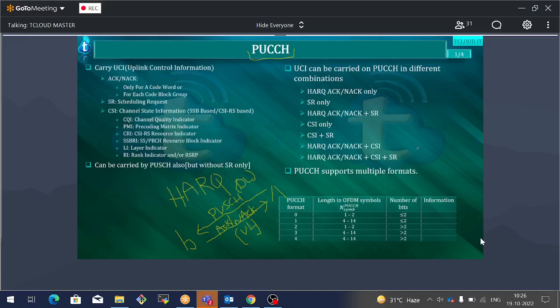But what about the uplink scenario? Mobile equipment, and we have the gNodeB. Mobile transmits data on the channel called PUSCH, the one that we have just now studied. So the transport block received from the higher layers is processed, added with all the CRCs, everything, and sent out.